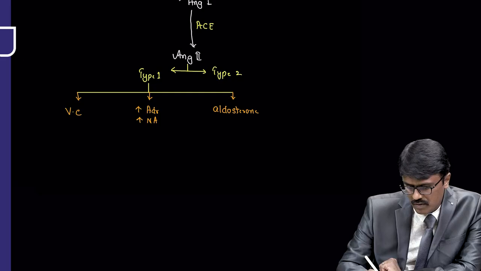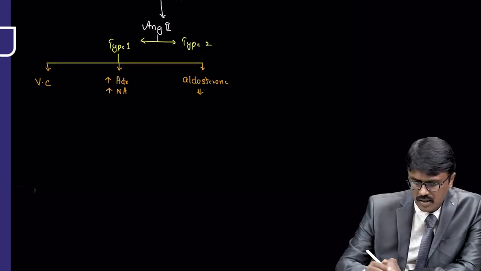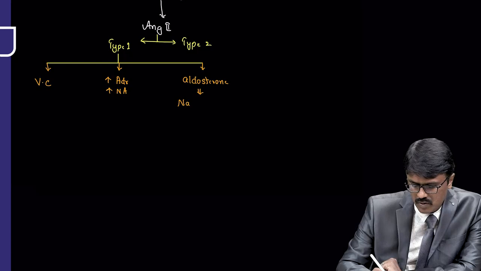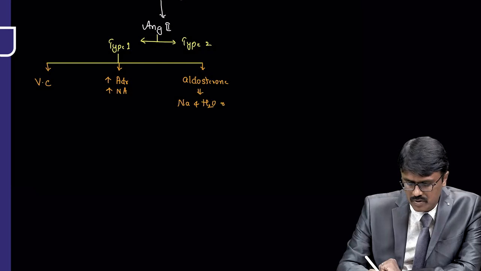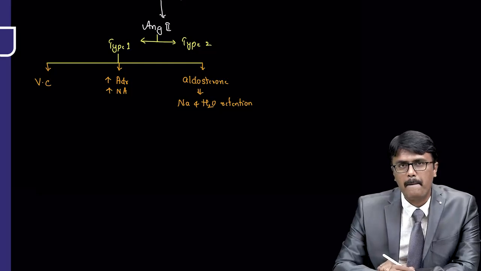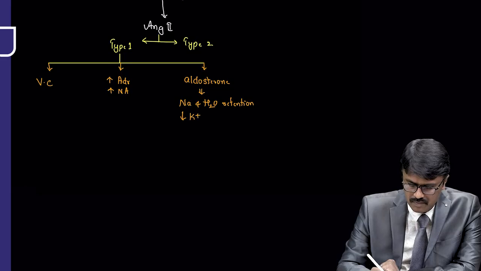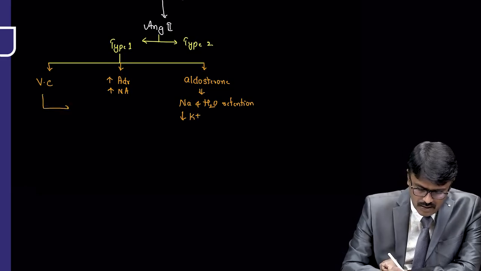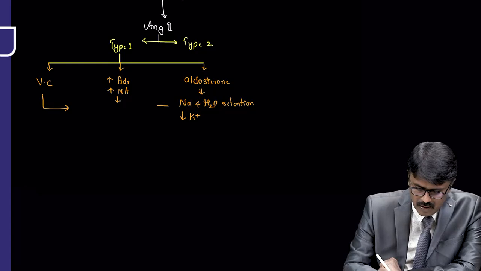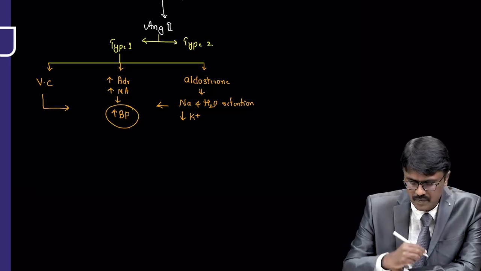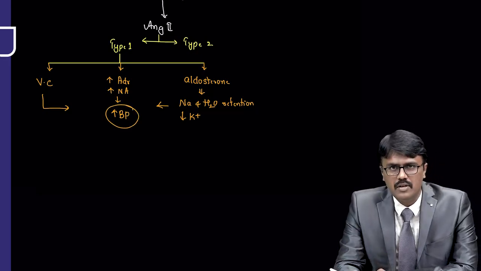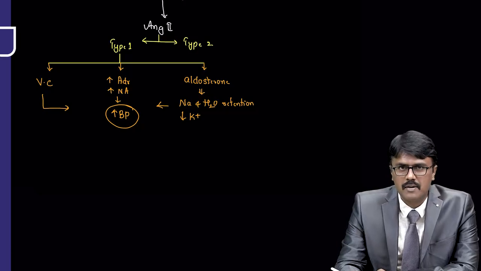You know the role of aldosterone: it causes sodium and water retention. What happens to potassium? Aldosterone decreases potassium. The vasoconstriction, the adrenaline, noradrenaline, and aldosterone, all of them will lead to an increase in blood pressure. So this is your physiology, how this pathway works.